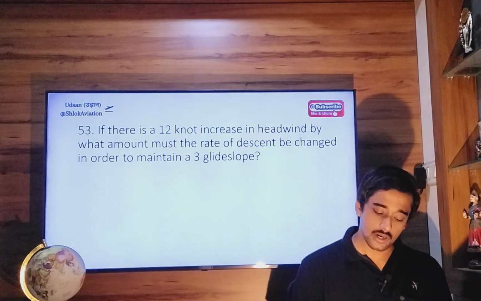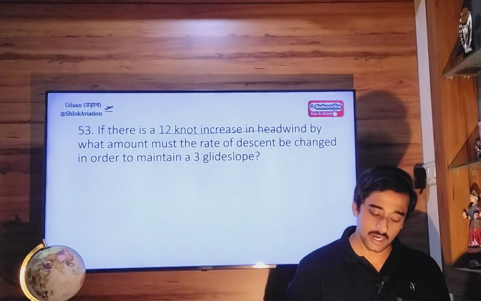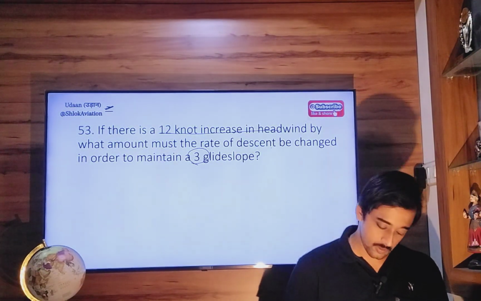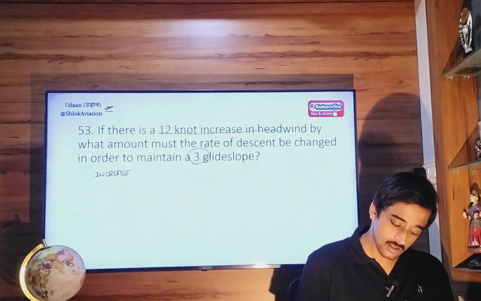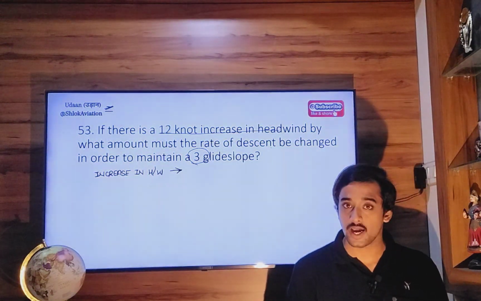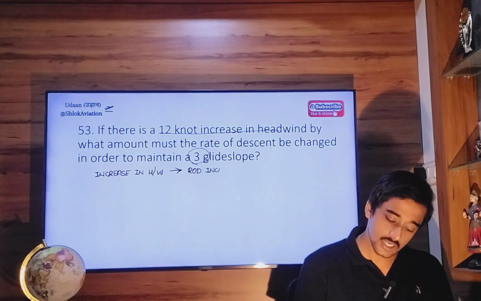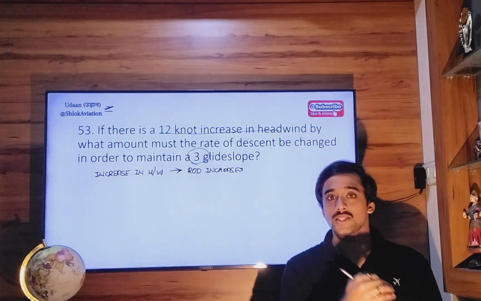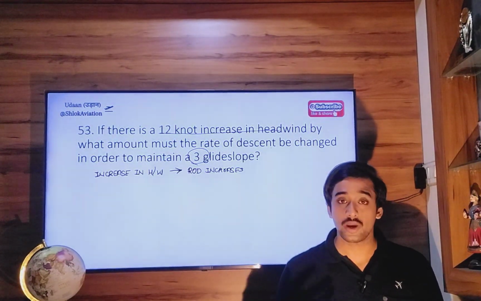If there is a 12 knot increase in headwind, by what amount must the rate of descent be changed to maintain a 3-degree glide slope? So as a rule, whenever there is an increase in headwind, what is the consequence of that? The rate of descent of your aircraft increases excessively. Your aircraft tends to come down towards the ground surface more vigorously, more quickly, right?